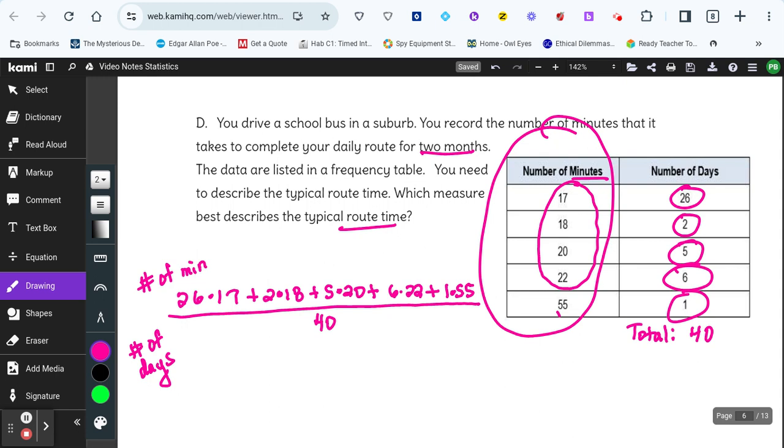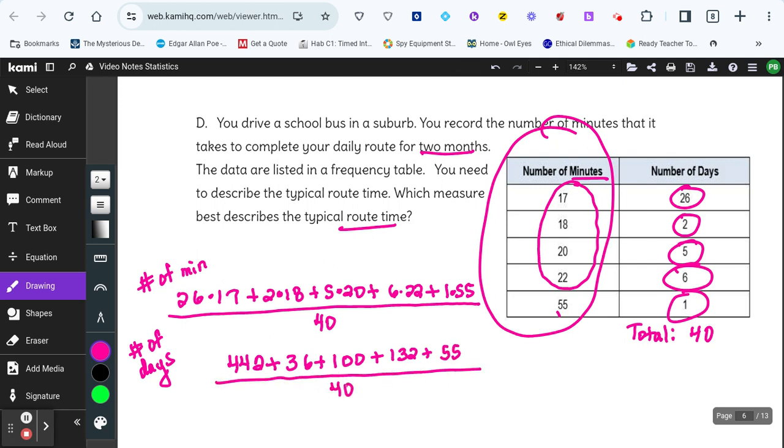But let me figure out my sum in the numerator. 26 times 17 equals 442, plus 2 times 18 is 36. 5 times 20 is 100. 6 times 22 is 132. And that's just 55.